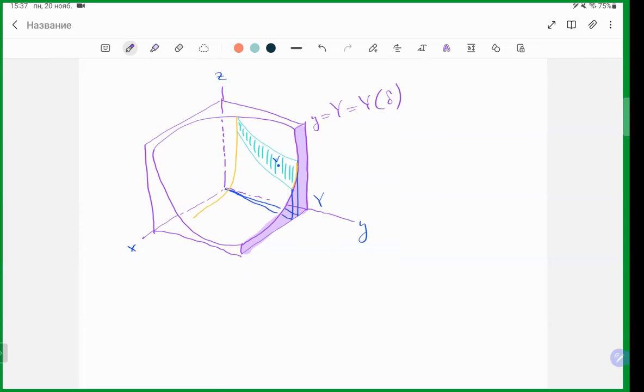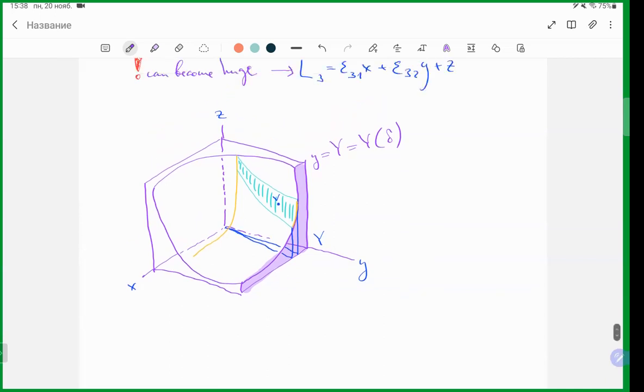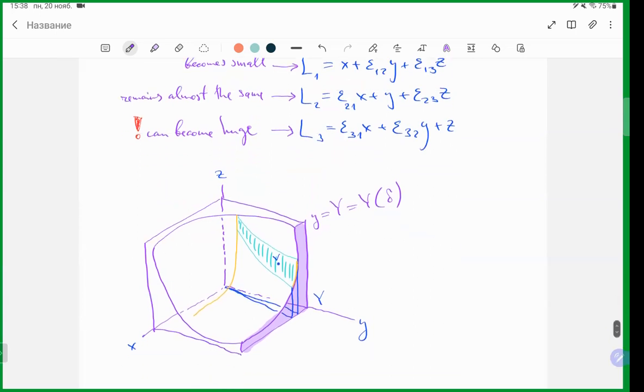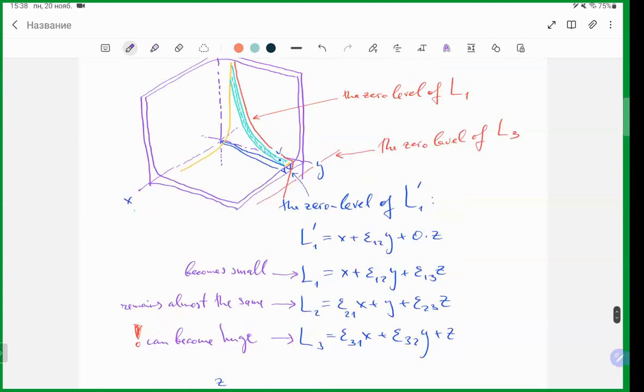Having this Y capital fixed, how does it depend on delta?